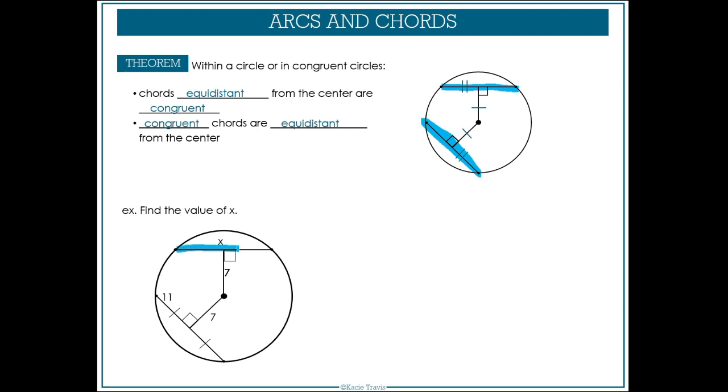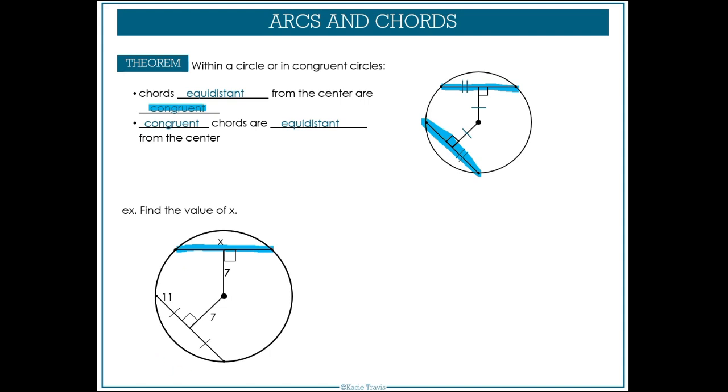X is this chord going from here to here. If we need this whole side, we got to pay attention to this other chord here. Reason being, these chords are both the same distance away from the center, 7. Since they're both the same distance away from the center, then that means both of these chords are congruent.